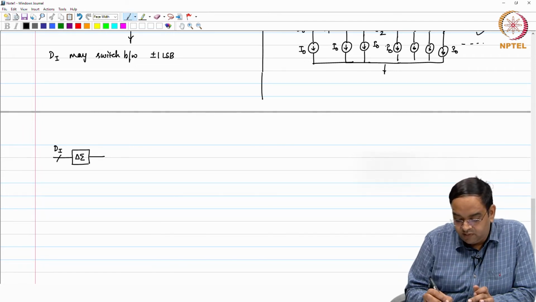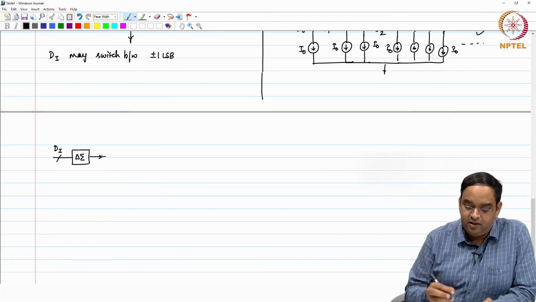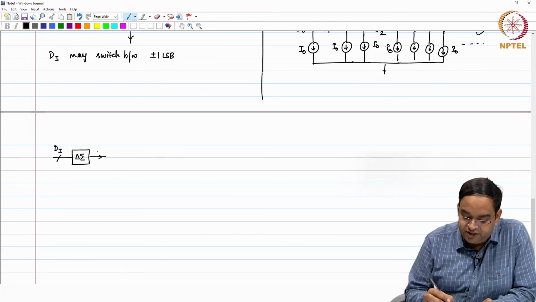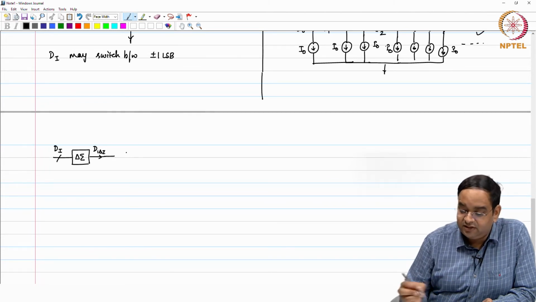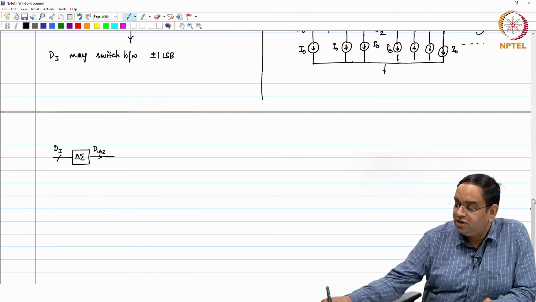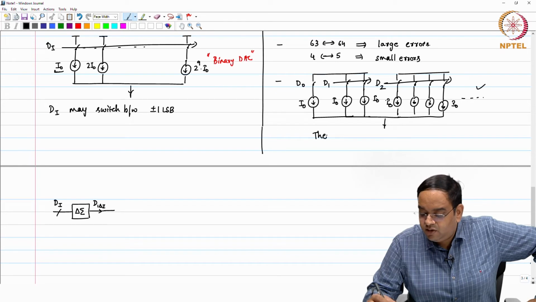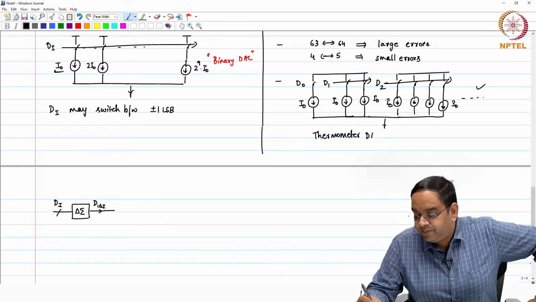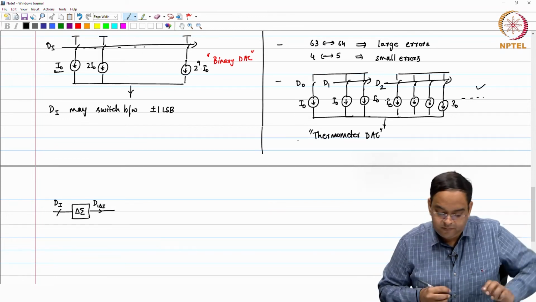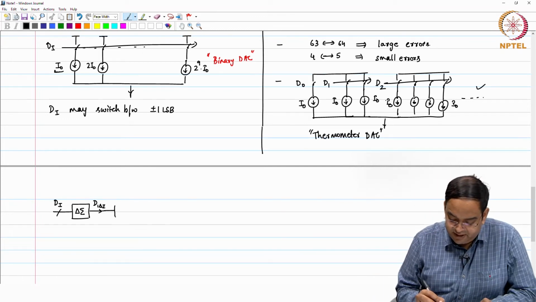Do not worry much about it; I will tell you the basic operation. So, you can say DI delta sigma. This is implemented using the thermometer DAC as you see here.